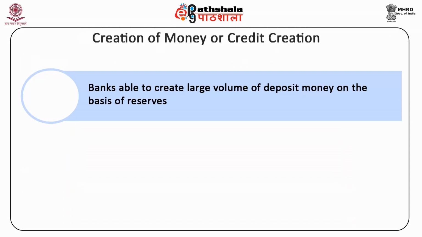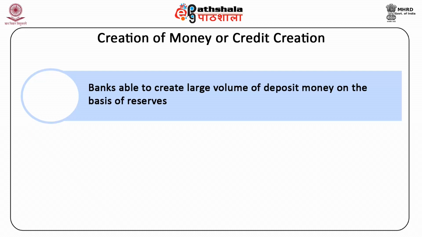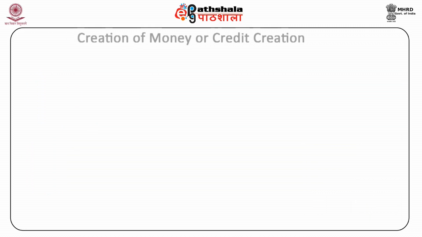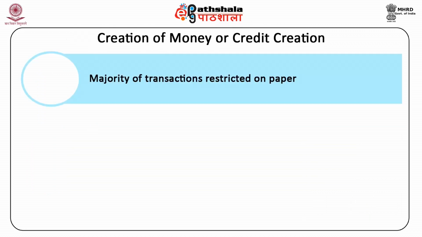So, banks are in a position to create a large volume of deposit money on the basis of a given amount of reserves. This can happen because all the transactions do not use cash. In fact, most of the transactions use the other banking instruments like check, bank's promises, etc. So, majority of transactions remain restricted on paper.